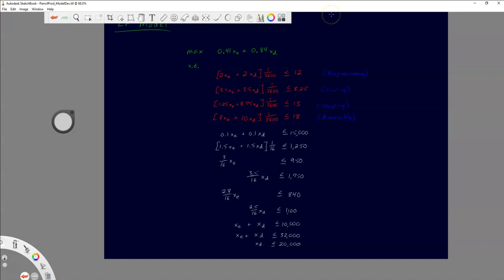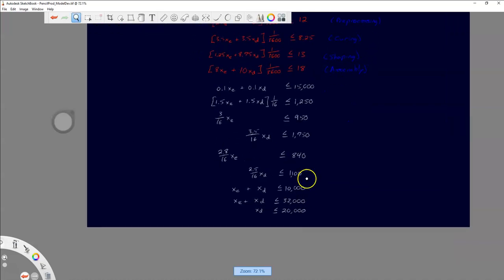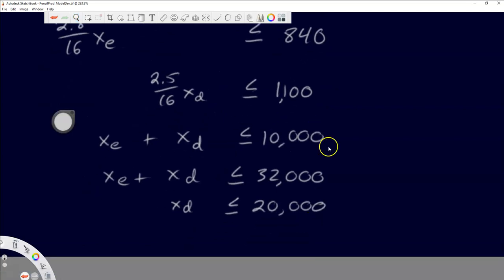Way up at the top of this, we said that they are real numbers. Well, real numbers obviously go on each side of the 0, and so we want to make sure that our solver knows that x sub e and x sub d must be greater than or equal to 0.